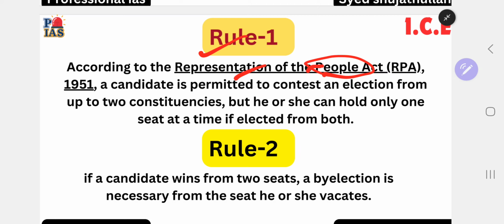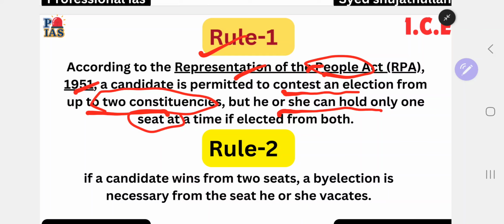According to the Representation of People Act 1951, a candidate is permitted to contest any elections from up to 2 constituencies. Not more than 2 constituencies can one candidate contest. But he or she can hold only one seat at a time if elected from both. For example, Rahul Gandhi has filed nominations both from Raebareli, his mother's constituency, and also from his previous constituency, Wayanad in Kerala.